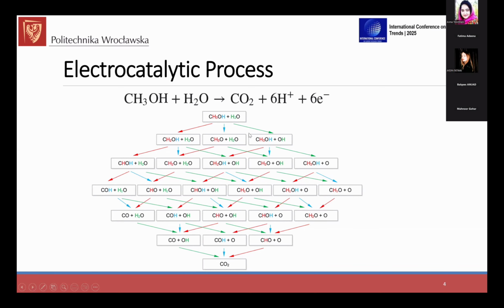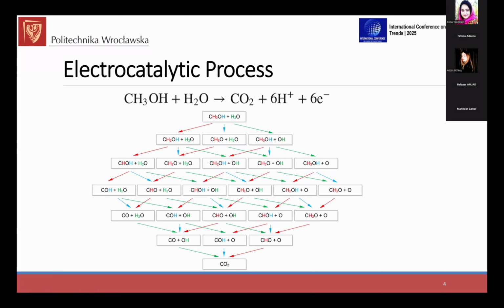This is the schematic diagram which presents a complete reaction pathway network for the methanol oxidation reaction of any perovskite system. It shows all the chemical possibilities and surface intermediates, for example, CH3OH to CH2OH, CHOH. These are all the possible configurations for the terminations of the perovskites or other MXene layers.